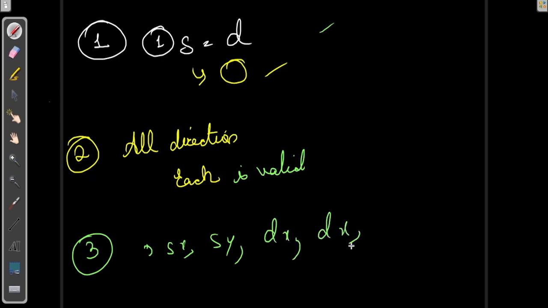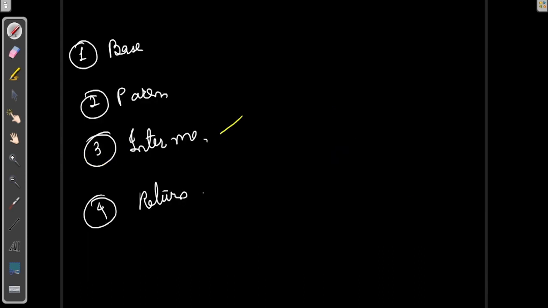And to traverse the matrix, we don't need anything more than that. For the intermediate case, we need to know whether all the directions are valid or not. To check if a direction is valid, we need to check with the matrix whether the path exists or not. So we need the matrix itself also.